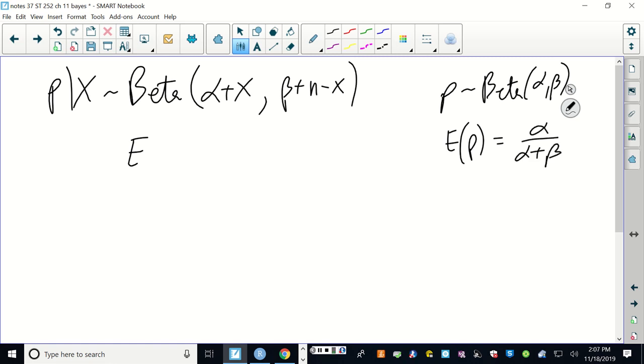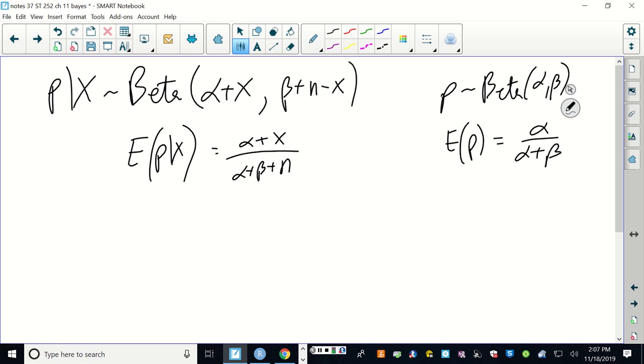When alpha and beta are the same, it's 50-50, so the mean is 50. Now the expectation over here is the posterior mean, the mean after seeing the data, and it's alpha plus x over alpha plus beta plus n. It's going to change depending on what your data is.